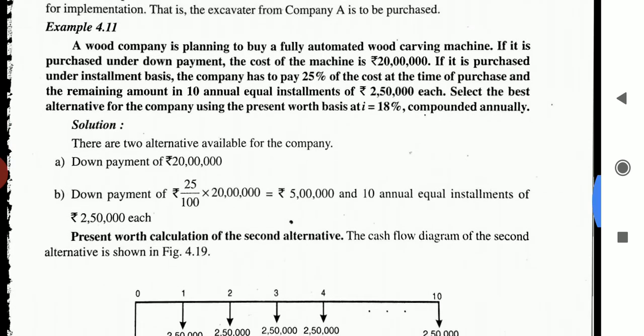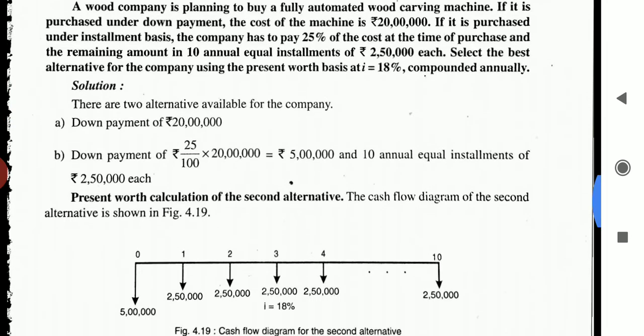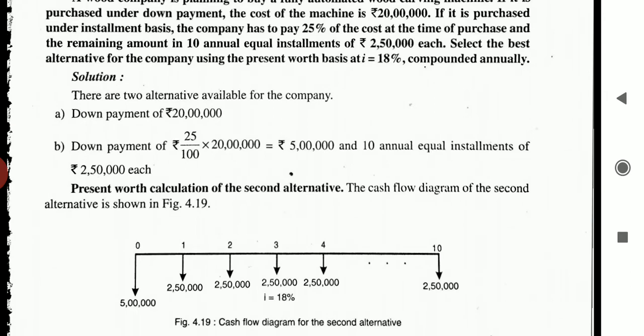Okay, in this case there are two alternatives. Either he pays the total amount of 20 lakh as down payment, or else he pays a down payment of 25%.